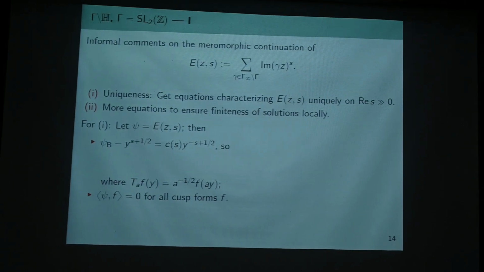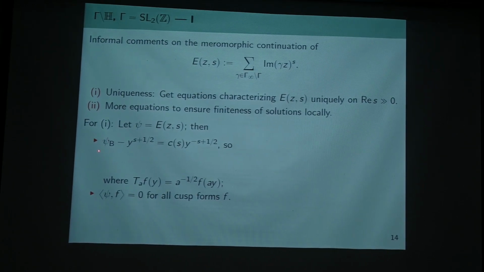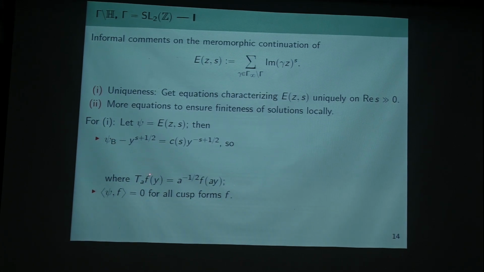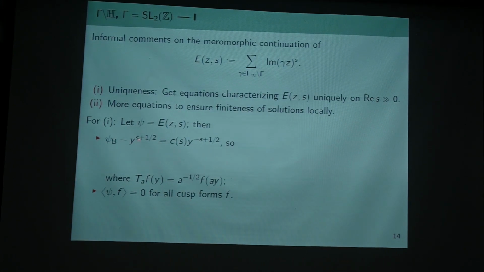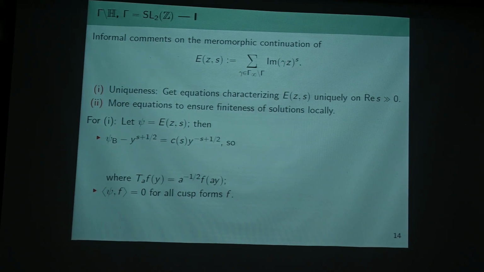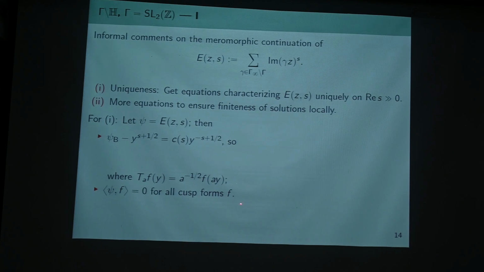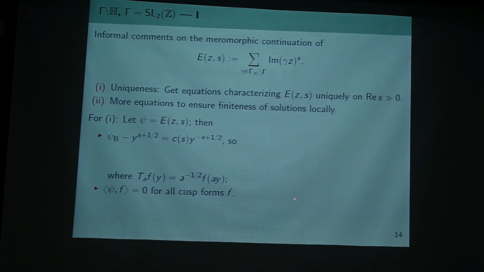So we know the constant term of psi, right? So here I have written psi b for the constant term of psi. It is y raised to s plus half plus something times y raised to minus s plus half. Okay? So this y raised to minus s plus half is a very nice kind of function. If you translate it by a, what do you get? A raised to minus s plus half comes out.